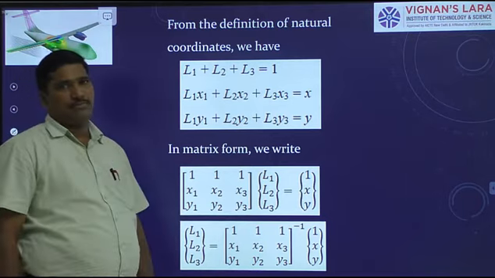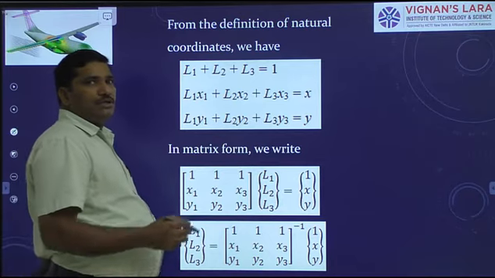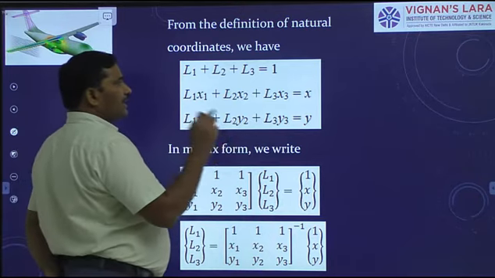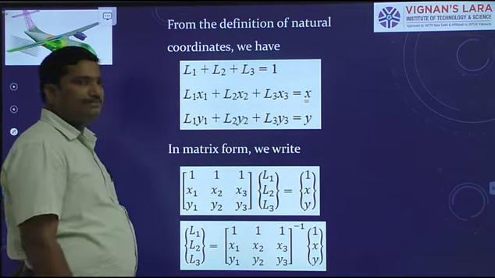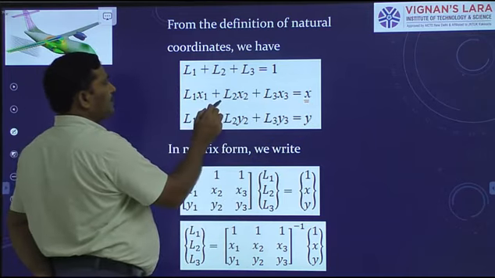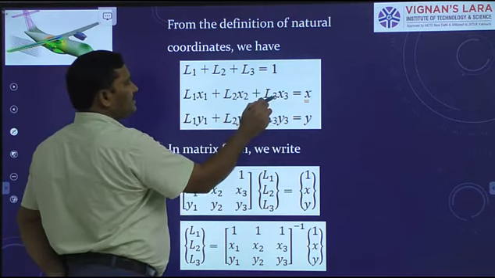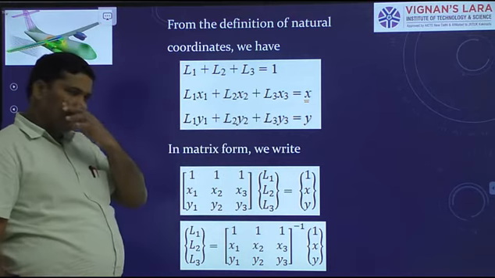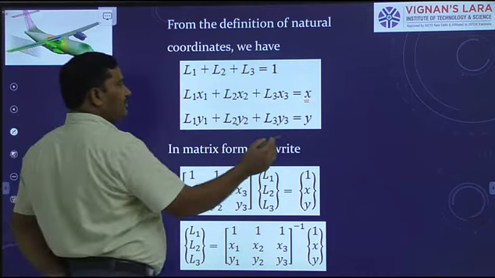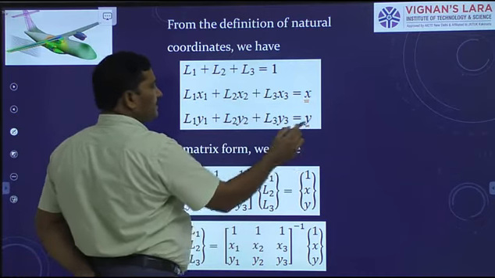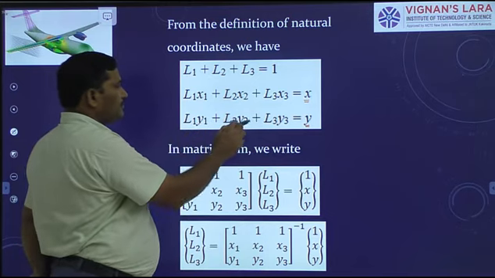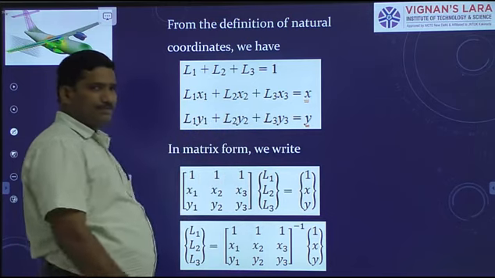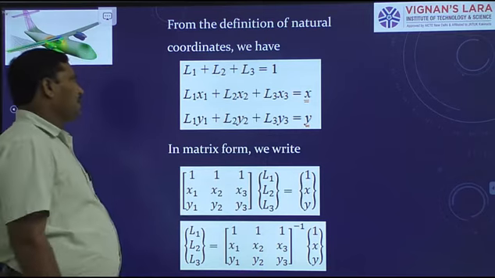Next, the x coordinate of the point of interest is defined as L1 x1 plus L2 x2 plus L3 x3. The y coordinate of the point of interest is defined as L1 y1 plus L2 y2 plus L3 y3.